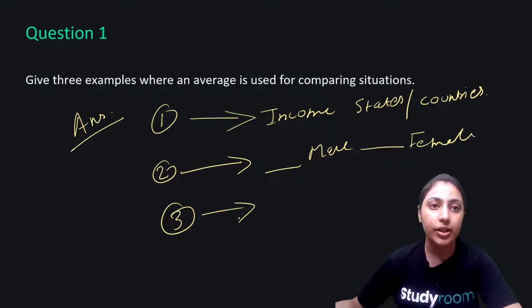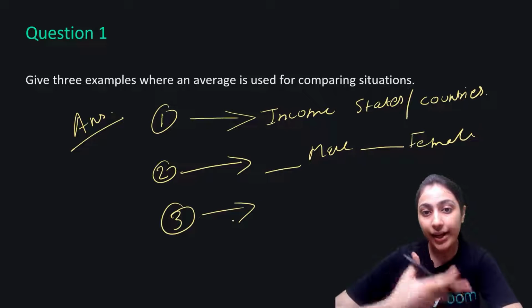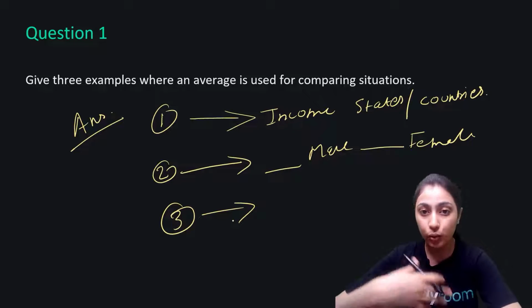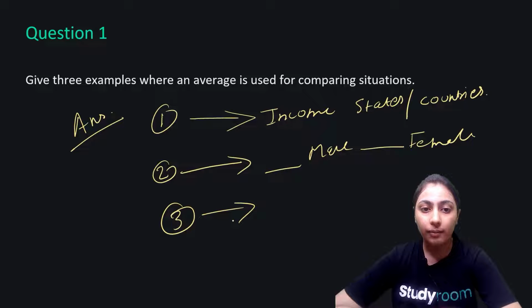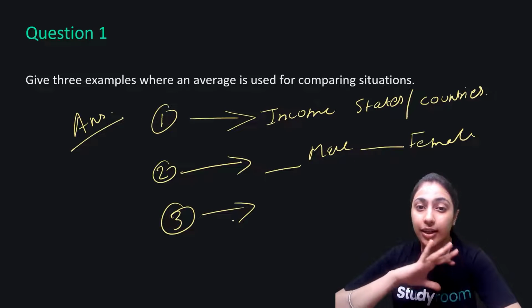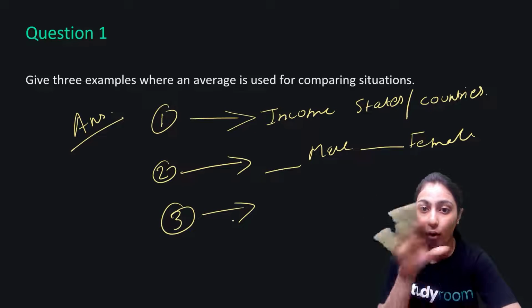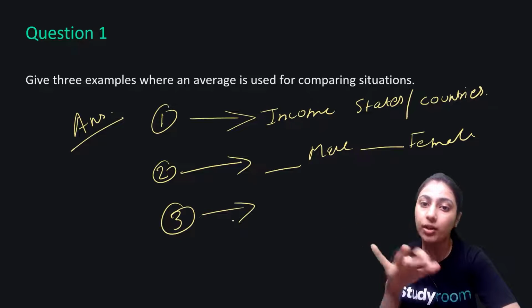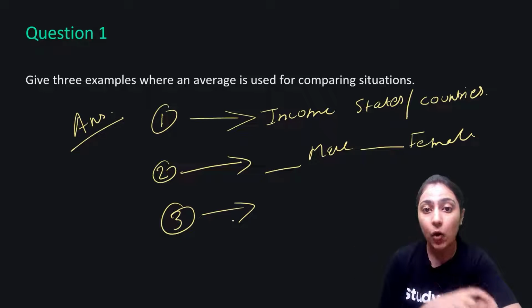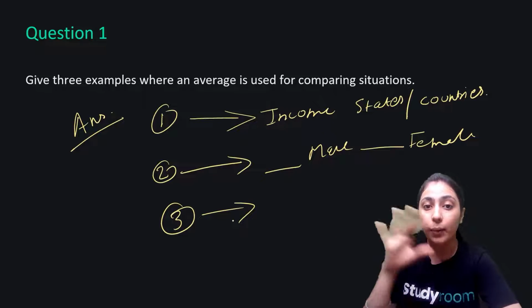The third example is that many times during our schools we generally make a list as to how many students are there in the whole grade, grade 9, how many students are there in 12th.